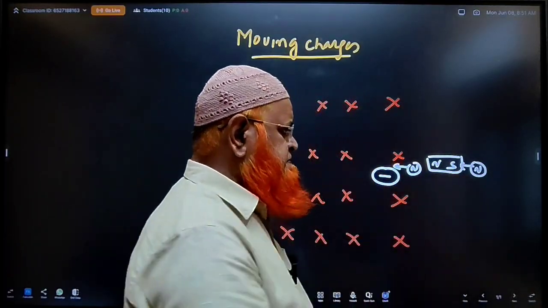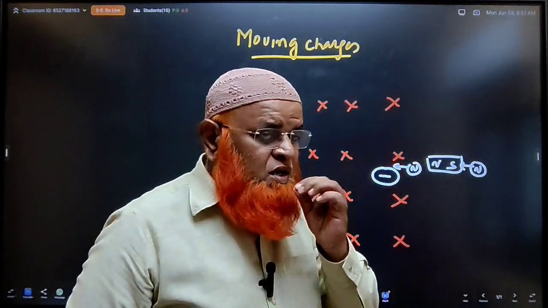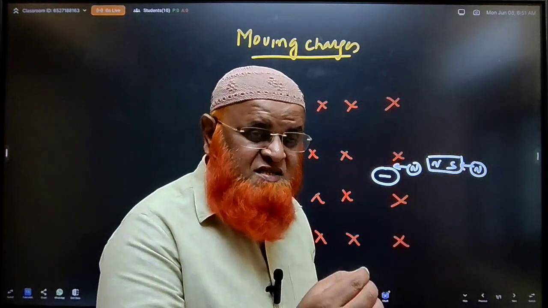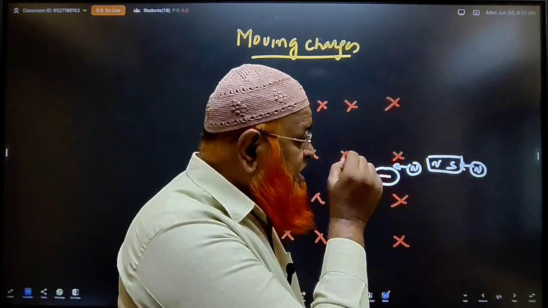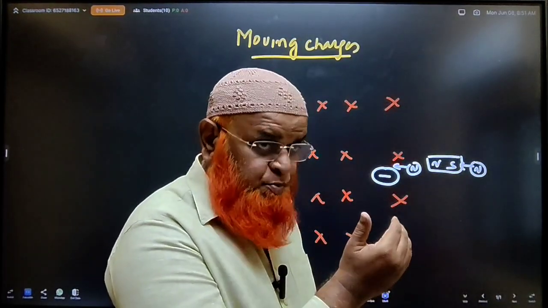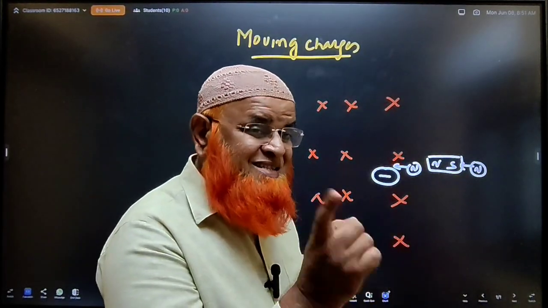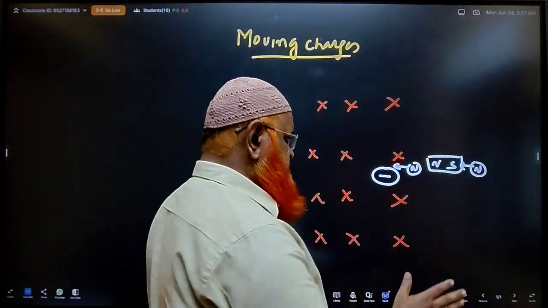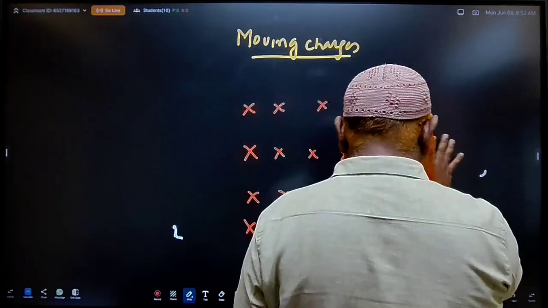It moves away from the north pole. So the easiest method is to keep the test pole at that point and see in which direction it moves, and that is the direction of the magnetic field. Hope you are understanding what I am saying. That is a simple example to understand.